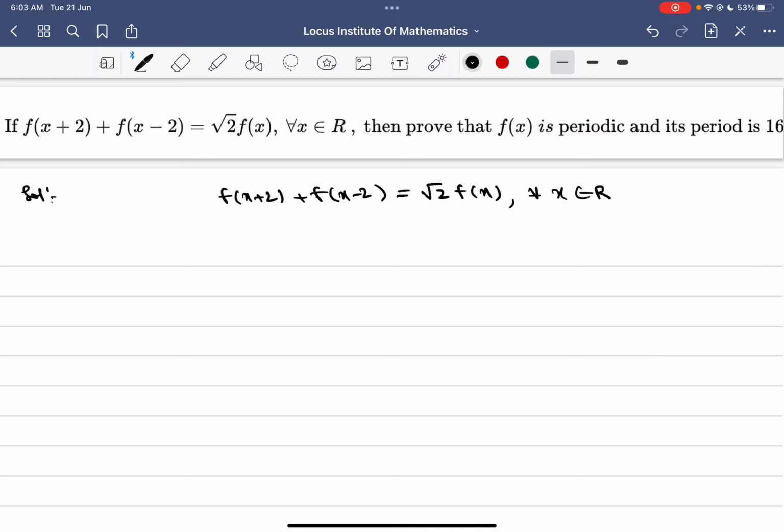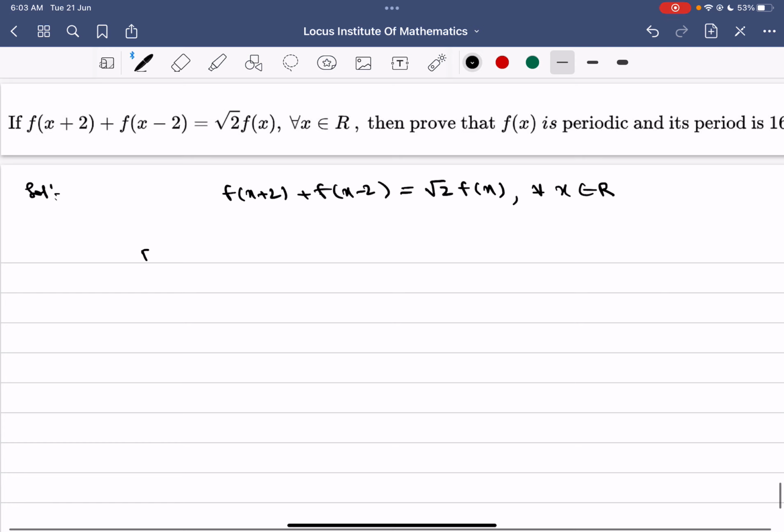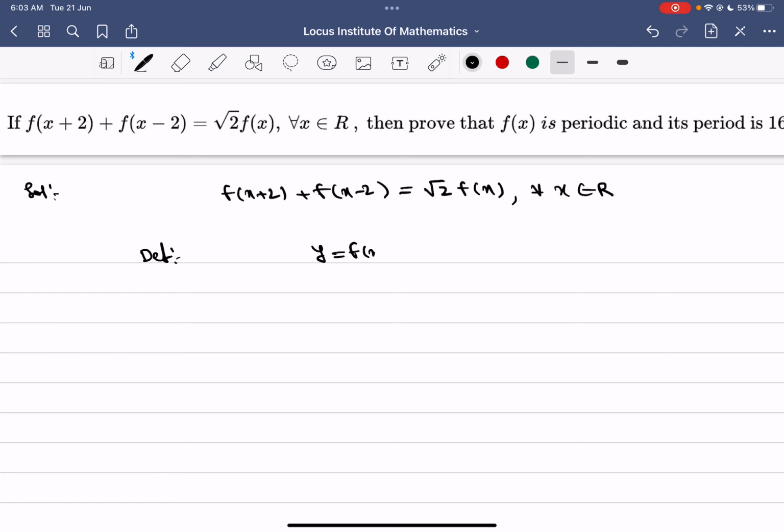So first we will see the definition of the periodic function. So y is equal to f of x is a function. Then if there exists a real number t greater than 0, such that f of x plus t is equal to f of x for every x belongs to R, then we say that f of x is a periodic function with period t.